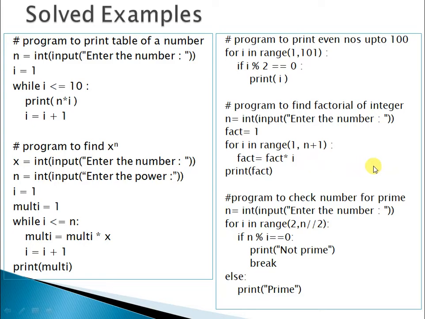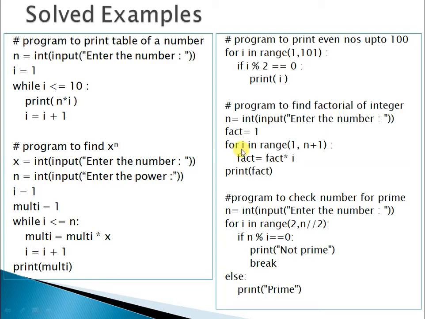What you have to do is multiply. You know the logic of the multiplication series. Multi is equal to multi into something. Here the variable name has been changed, fact for factorial. Fact is equal to fact into I. Why I? Here you can see multi is equal to multi into x, because x was being multiplied again and again. X to the power n is equal to x into x into x, nothing else.